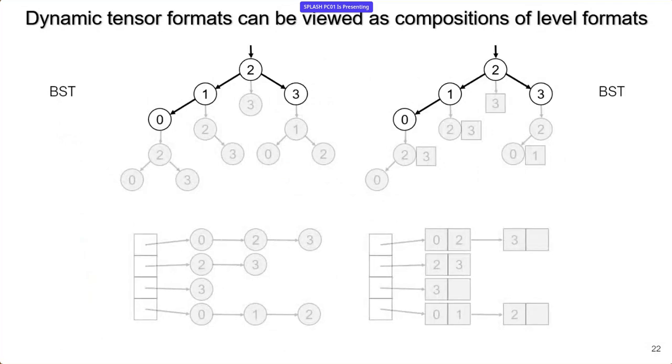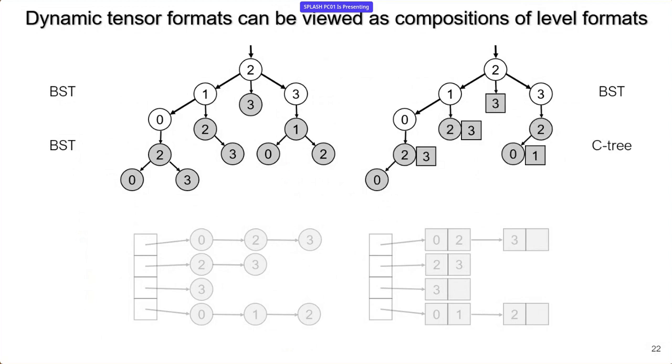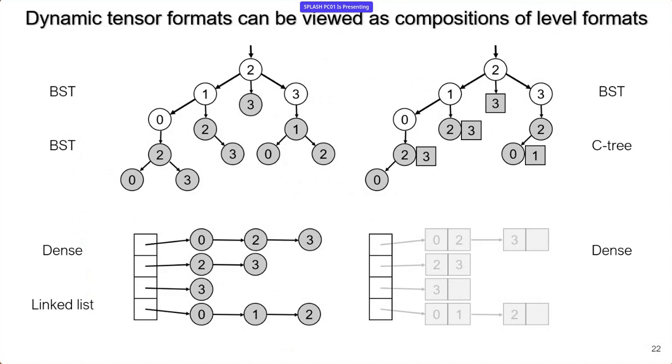The first level for these two data structures is binary search trees. For the first one, the next level is also a binary search tree, and the next level could be a C-tree. So this looks like a complicated structure, but level by level, you only have a few different data structures to deal with. In these two representations, the first level is dense, the second level is just a linked list, and the third level is a block linked list. So you can have these combinations.